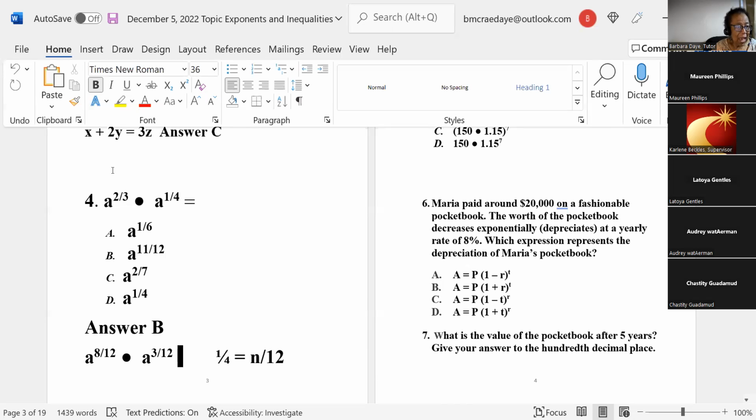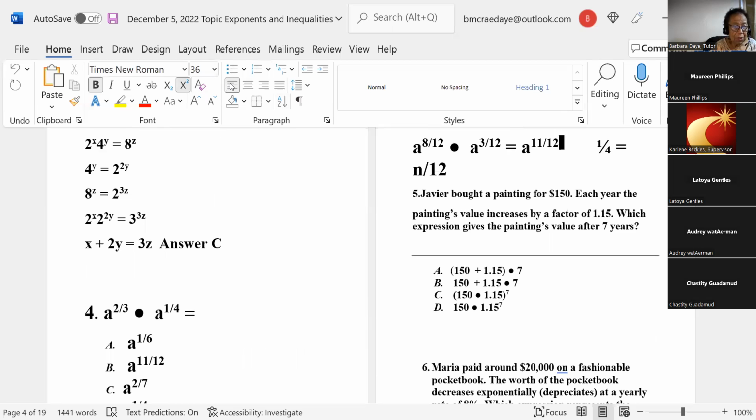You can't add the 2/3 to the 1/4 because to add fractions, your denominators have to be the same. So this would be equal to a to the 8/12 plus 3/12, and over that 12 would give you 11/12.